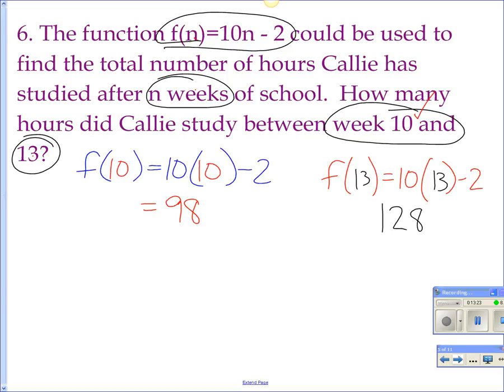What do I have to do with these two numbers? Subtract them. Between, trying to figure out how many is in between these. So you subtract them. Yeah, but just always make it positive because we're talking about hours.